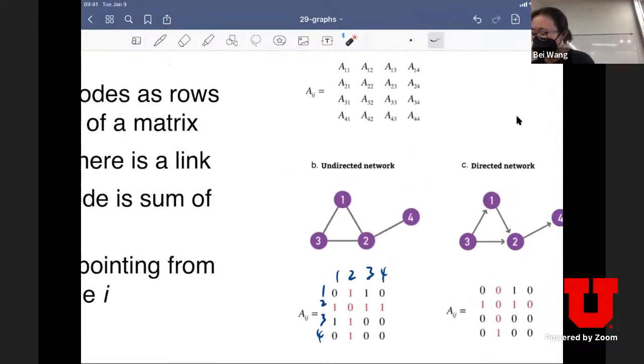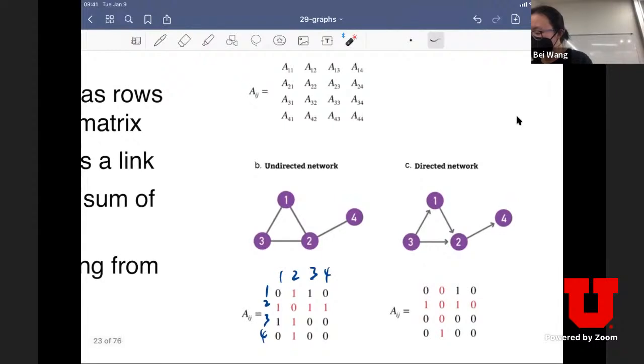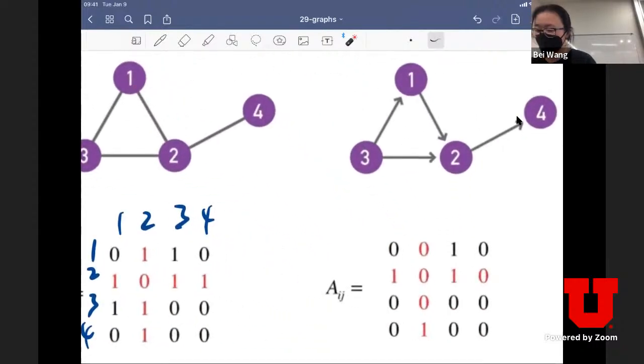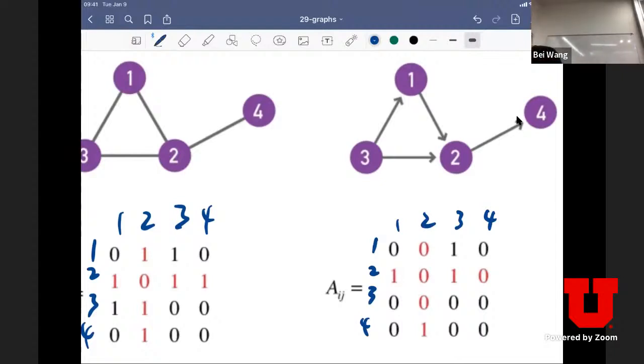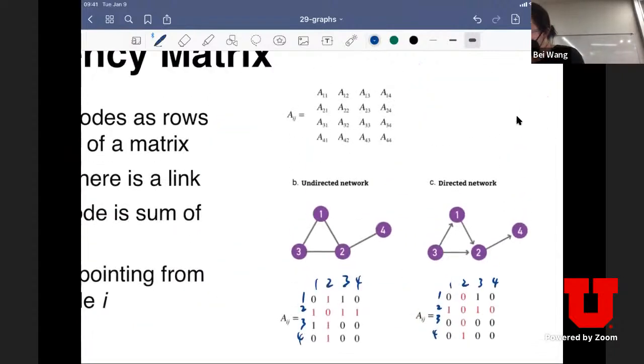So this is just an adjacency matrix. But of course, the directed network is slightly different. Let's say again, I have 1, 2, 3, 4 and 1, 2, 3, 4. Let's see, did I get it the other way around? Okay, in this particular case, maybe I should reorder it.